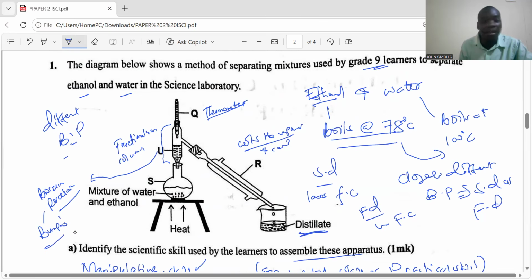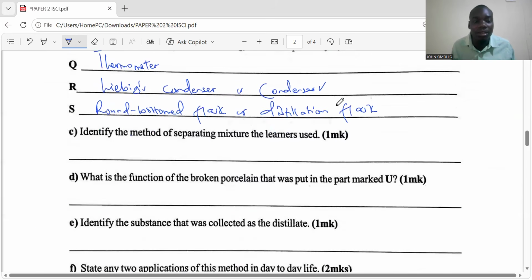What is bumping? Bumping is just sudden violent boiling. We need the boiling to take place efficiently, but bumping can happen. How is that avoided? By inserting the broken porcelain within the fractionating column. So in this case, the method is fractional distillation.